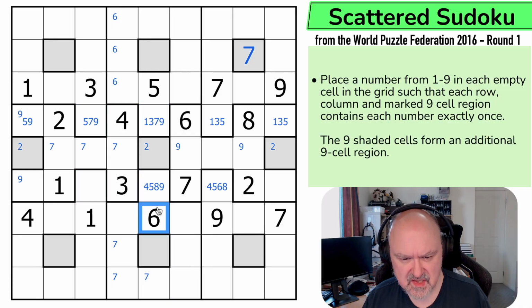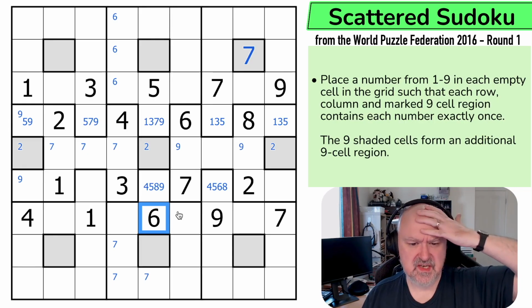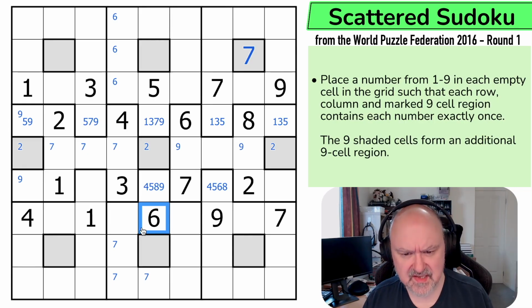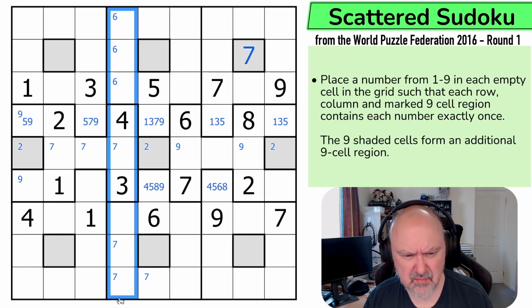Oh, this is nuts. I just need to find something to break this open, and I don't know what it is. This is cray-cray. 7 in this top row. No, surely not. 7 in this column?